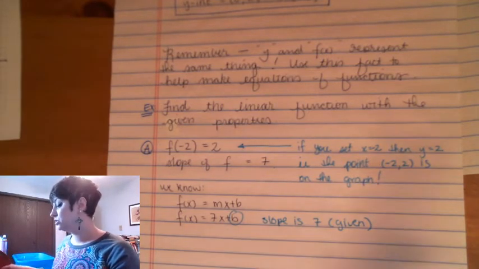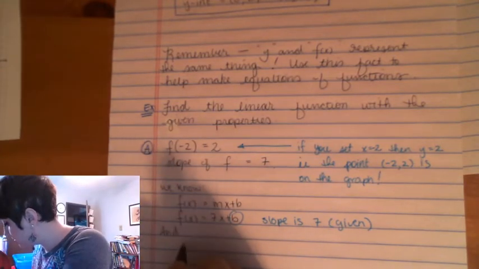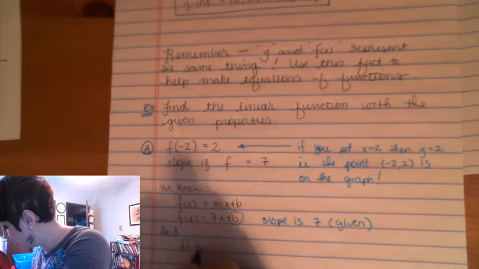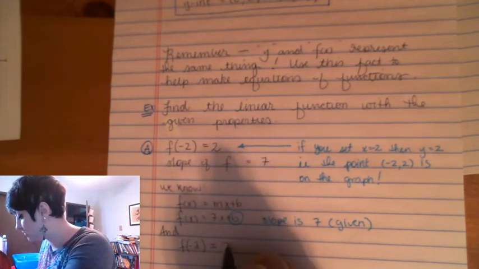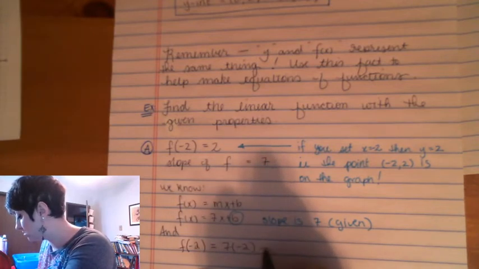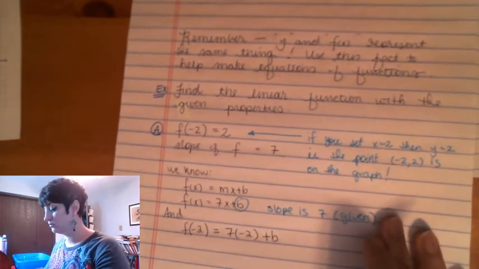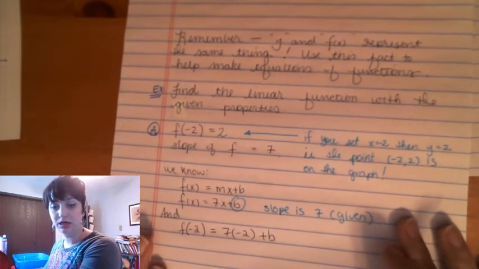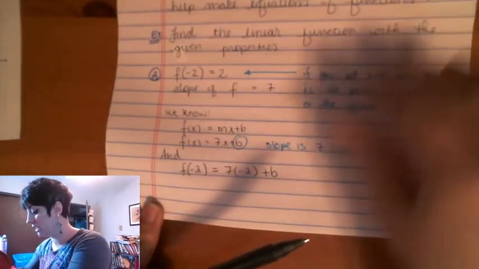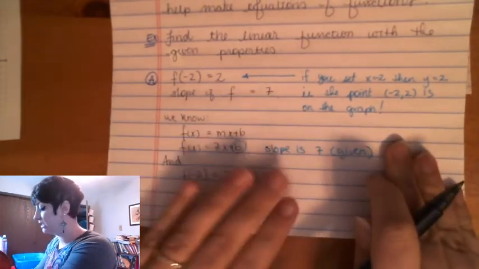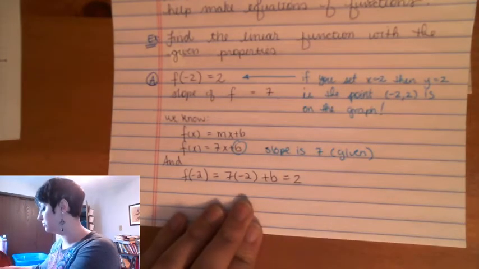Okay, so we also know that f at -2 is, so that's just plugging in -2, right? So 7 times -2 plus b, that's plugging in -2, and that has to equal 2.